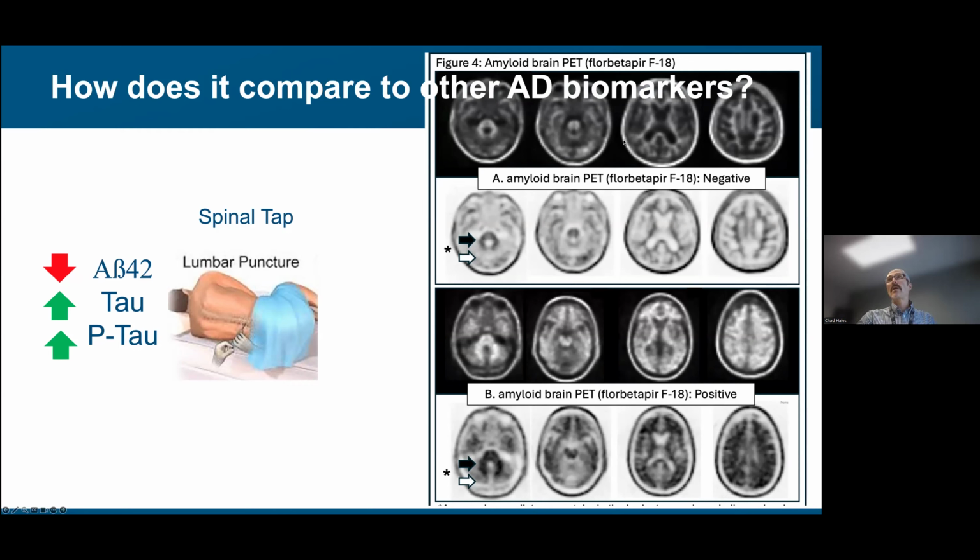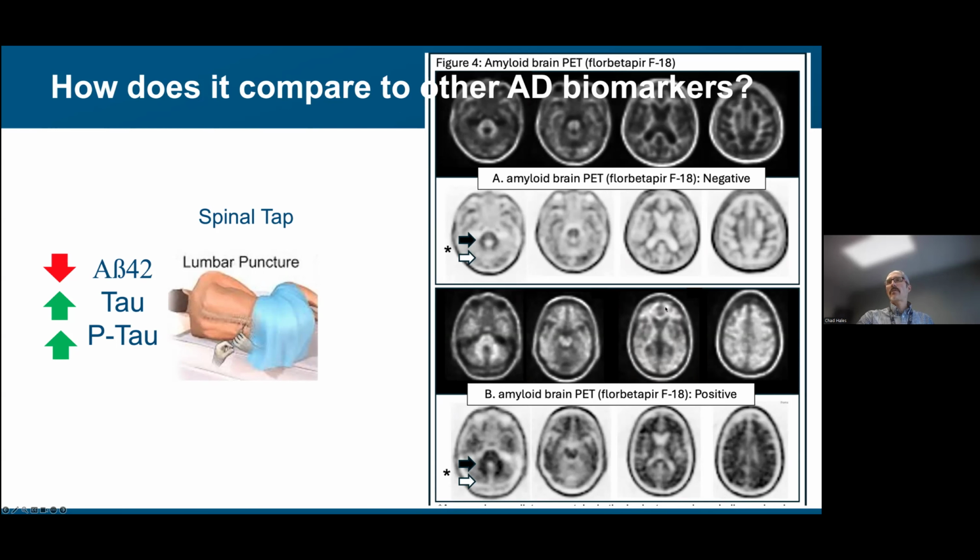And I'm showing you negative and positive scans just to kind of enrich your day, right? You can see what it looks like if it's a negative scan, kind of has this little spindly white matter looking appearance to it. And then when you look at those that have the positive scan, it's got all this radio tracer uptake that goes all the way out to the surface of the brain.